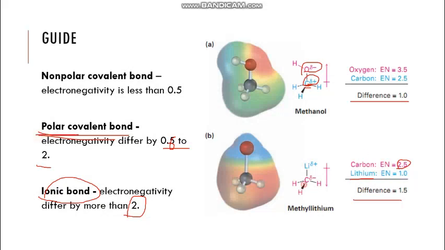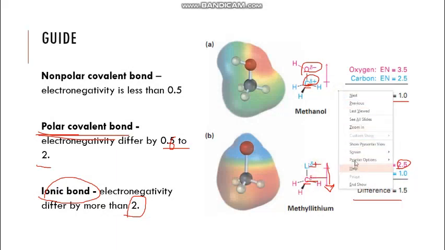Yung ating carbon is more electronegative than the lithium, so meron siyang delta negative. At yung lithium natin is less electronegative, so meron siyang delta positive. As you can see, yung direction ng ating arrow is from the positive sign to the negative sign. Okay?